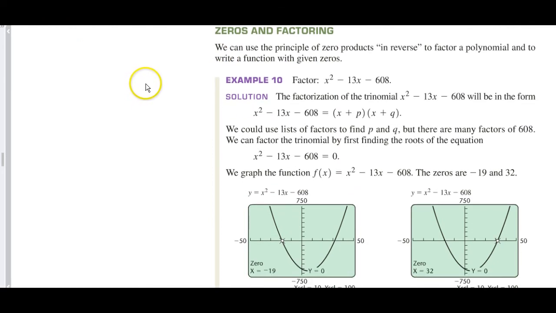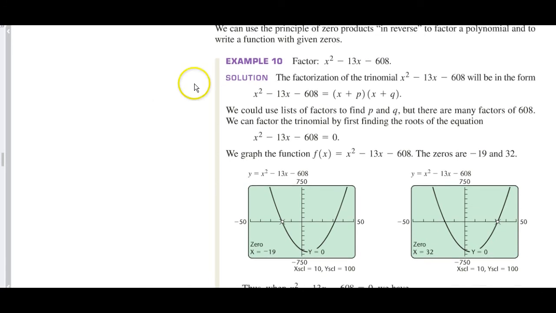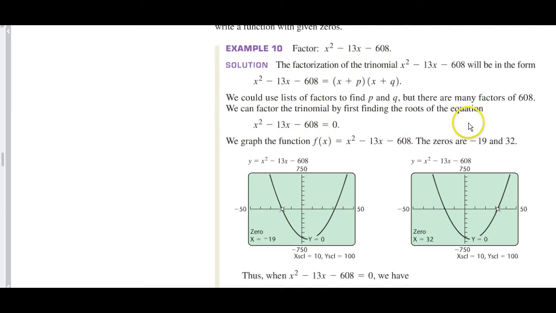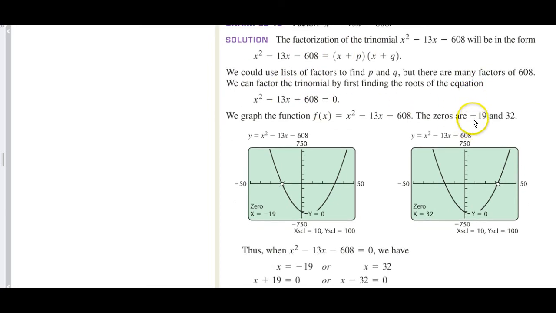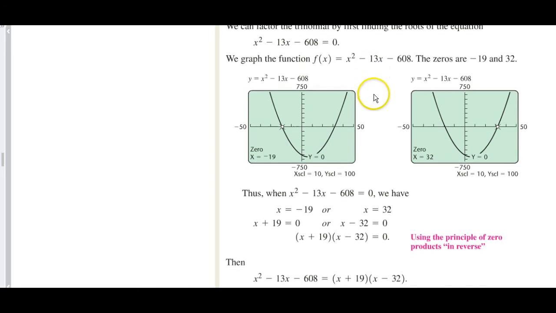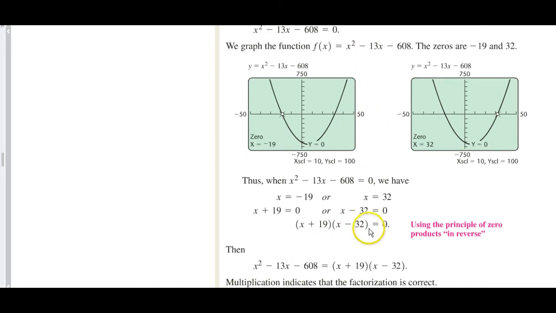Now, some of these, when they get to be quite large, they're asking us to factor this, and it comes out here to a -19 and a 32. So that would be kind of difficult to figure, but they work pretty much the same way.